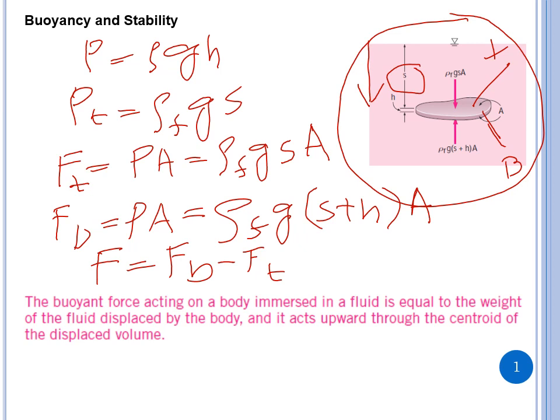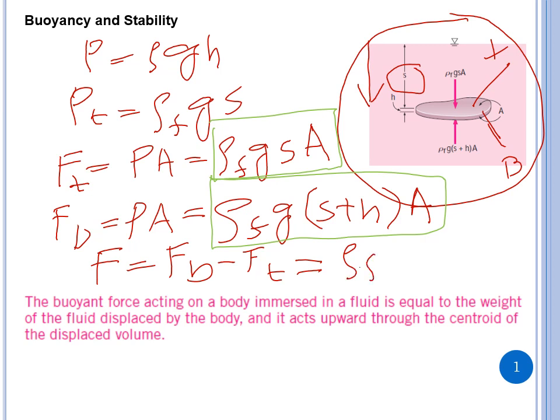So we know FB already, which is this expression, and the top force, which is this expression. When you subtract it, the result is going to be density of fluid times g times h times area.